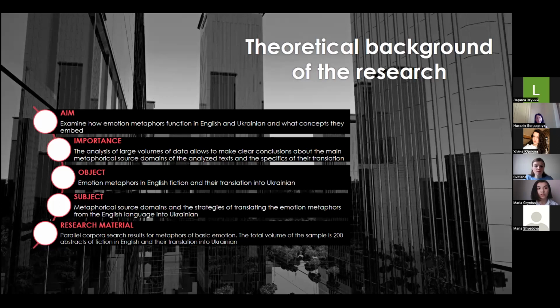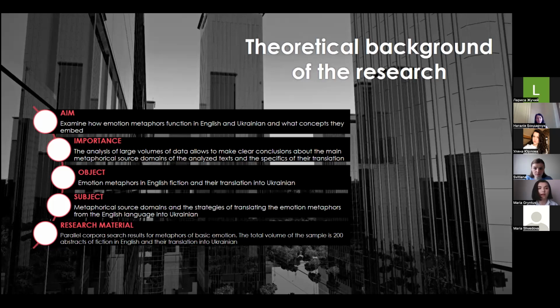It is devoted to the study of emotion metaphors translation from English into Ukrainian based on the parallel corpus of fiction, because the analysis of large volumes of data allows us to make clear conclusions about the main metaphorical source domains of the analyzed text and also the specifics of their translation. In our research, we focus on the application of parallel corpora.